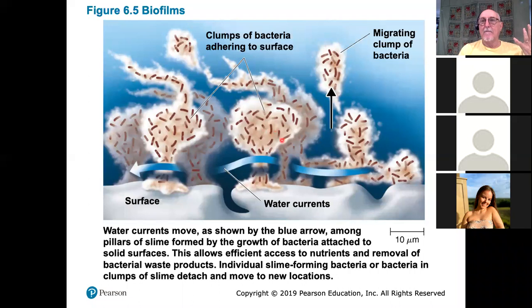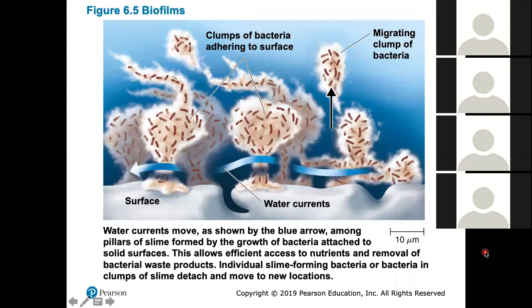Sorry, I have a quick question. So the biofilm, is it the layer outside of the bacteria, or is it the thing that the bacteria is attaching to? No, this whole thing here, the whole structure formed by the bacteria all sticking to one another and to the surface. That's the biofilm. So it's everything?